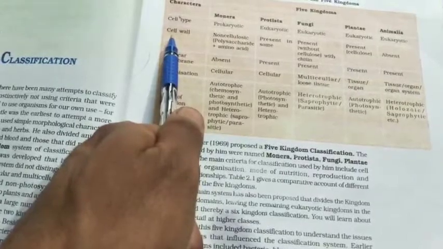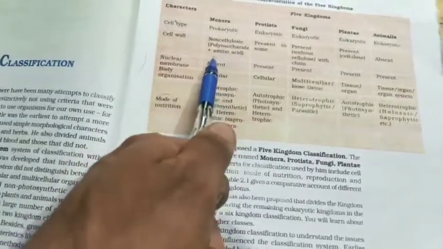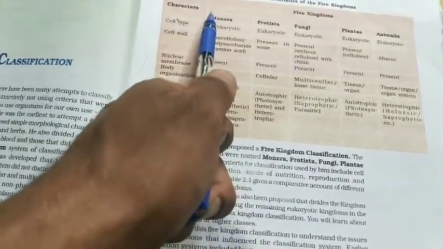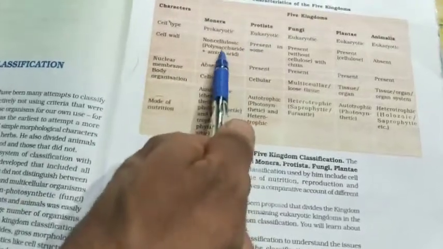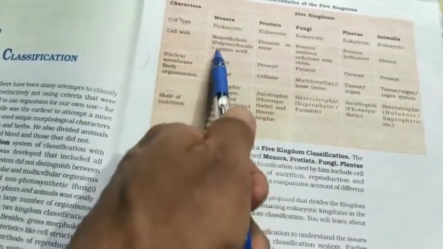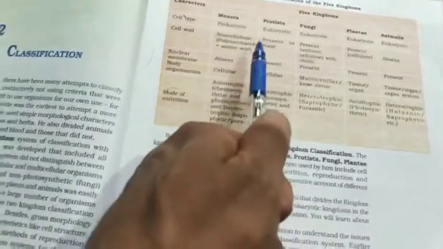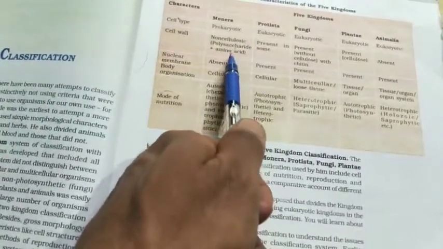If we are talking about the next character, which is the cell wall. The cell wall of Monera, meaning bacteria, is non-cellulosic. It means the cell wall is not made up of cellulose, but it is usually made up of polysaccharides and amino acids.